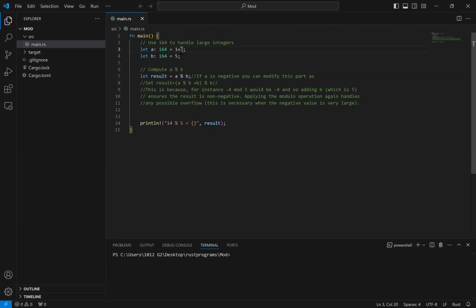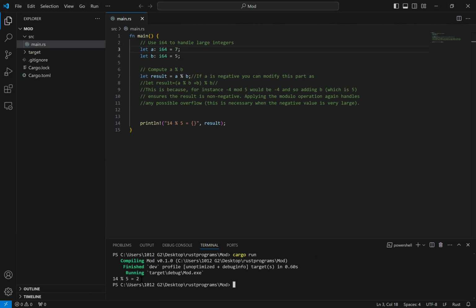Now, I want 7 mod 5. In other words, I want the remainder on dividing 7 by 5. The remainder is 2. I just need to change this part, then we run again.